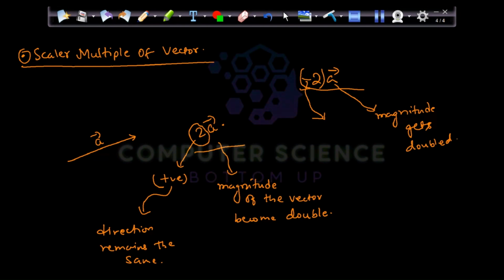So if the vector a is this, then -2a vector would be, I will show you in the next page. So the direction changes to the opposite direction.